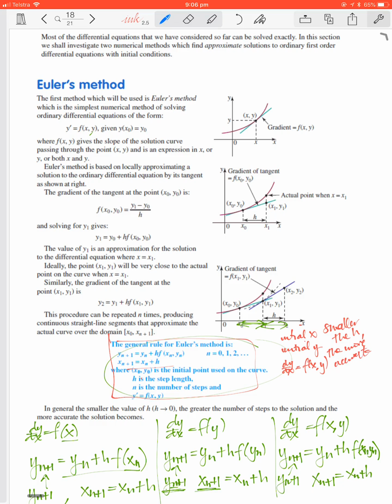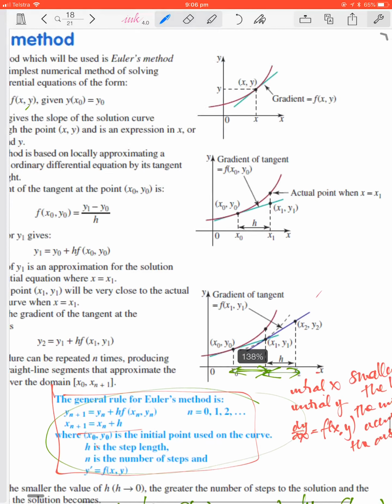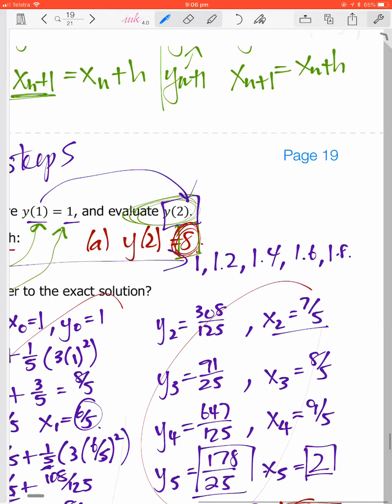That's because when we create these tangents, if I created a tangent that went all the way to here, and then I did it again, and then again, instead of... let's make it pink. If I created a tangent, there's my tangent.